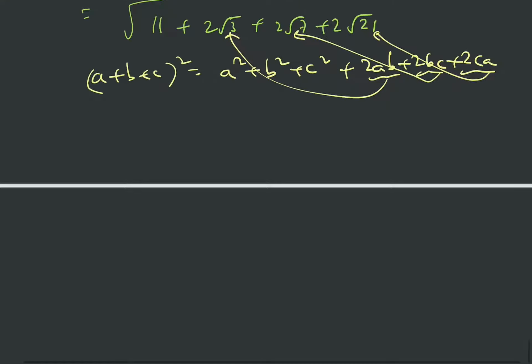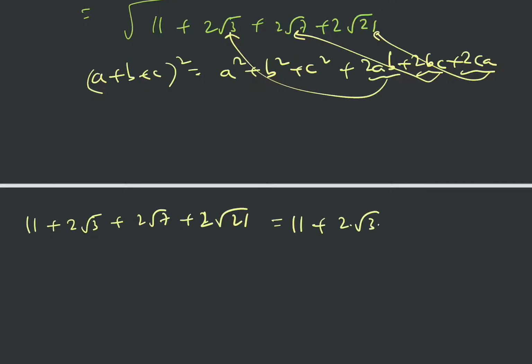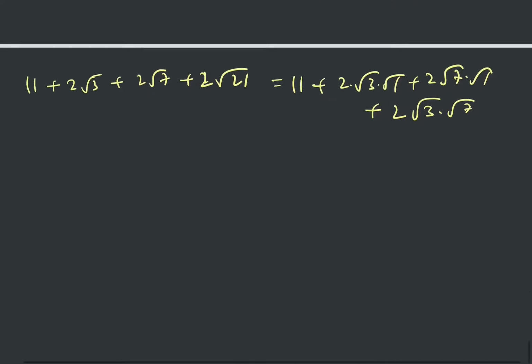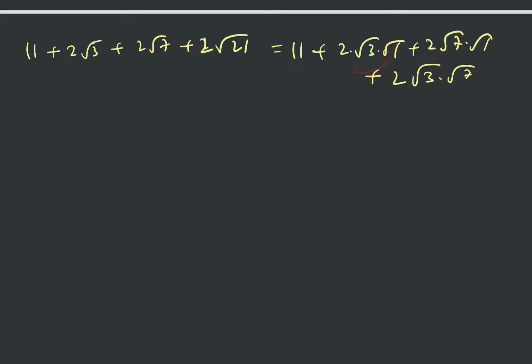So what I have is 11 plus 2 root 3 plus 2 root 7 plus 2 root 21. So this is 11 plus 2 into root 3, I am writing it as root 3 into root 1, and root 7 is root 7 into root 1, and then you have 2 root 3 into root 7, right? Root 3 into root 7 is root 21. So you can see that you have AB, BC and AC, right?